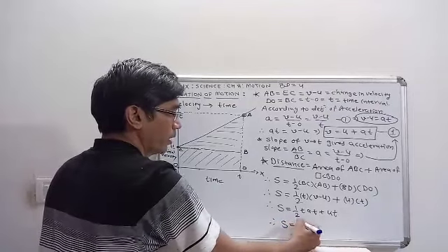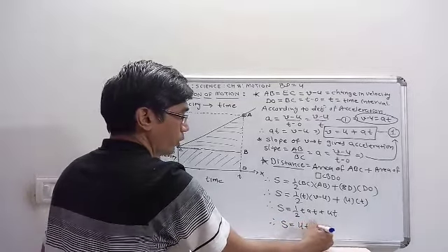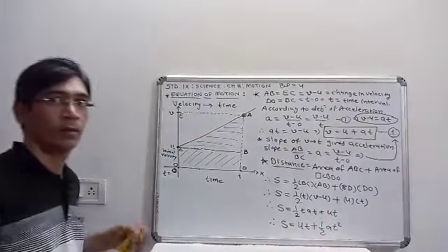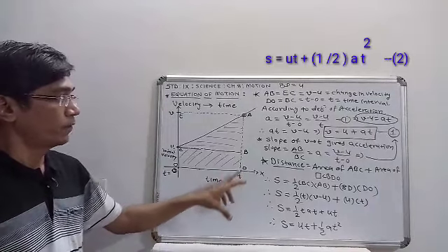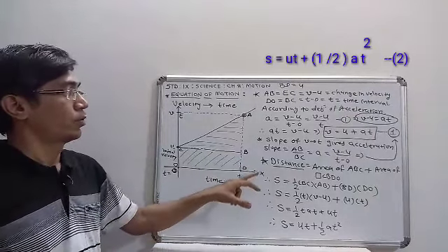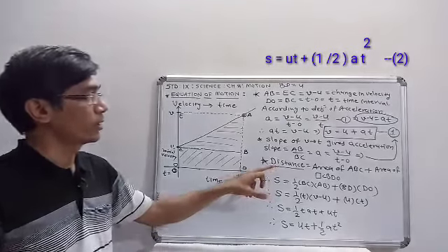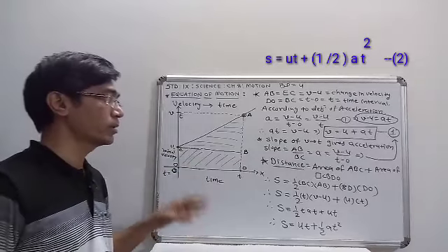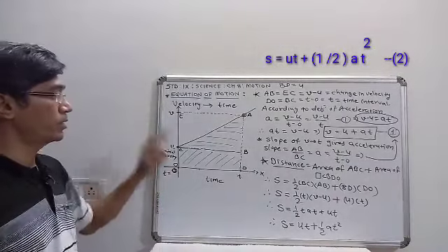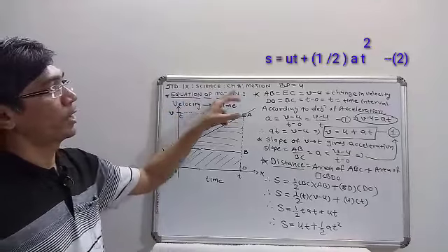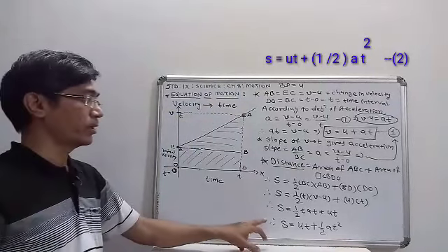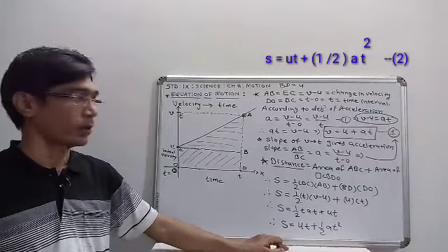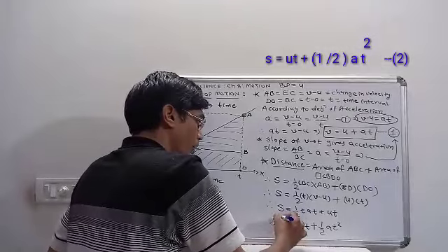So S is given by ut plus 1 by 2 at square. In this way we get the second equation of motion from the distance, which is given by the area of the triangle ABC plus the area of the rectangle CBDO in the v versus t graph in uniformly accelerated motion. So the distance s is equal to ut plus 1 by 2 at square. This is the second equation of motion.